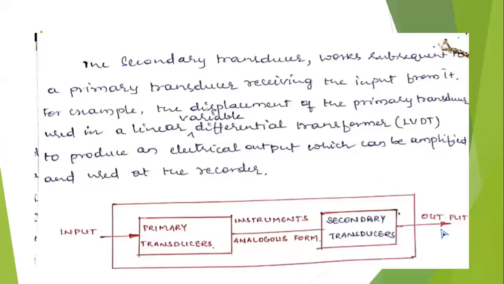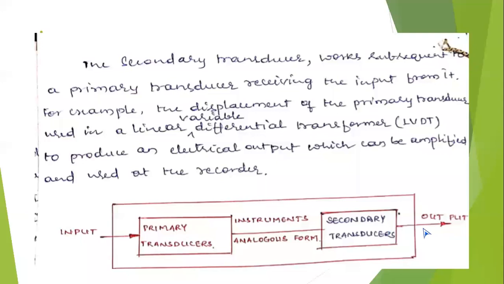The output is always in the transduced form. The input to the system is transduced in the primary stage. Again, you have the instrument in between the primary and secondary transducer. Here is one more transducer which transduces the signal into the required form, where you have the output.